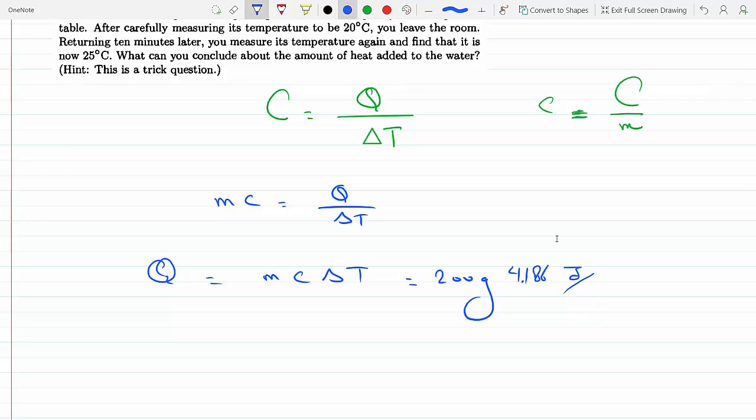So this is 4.186 joules per gram per degree Celsius, and then the change in temperature is 5 degrees. And so you get the amount of heat added to the water is, grams, Celsius, 200 times 4.186 times 5, which is 4,186 joules.